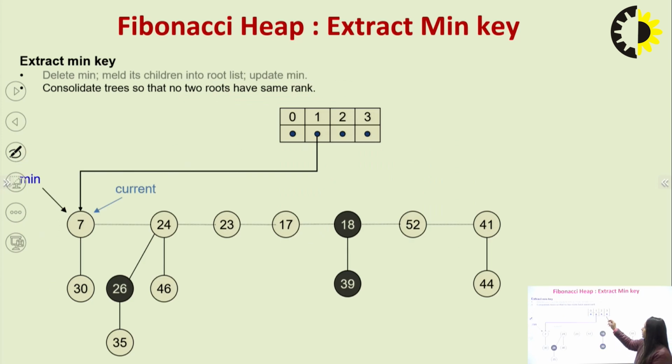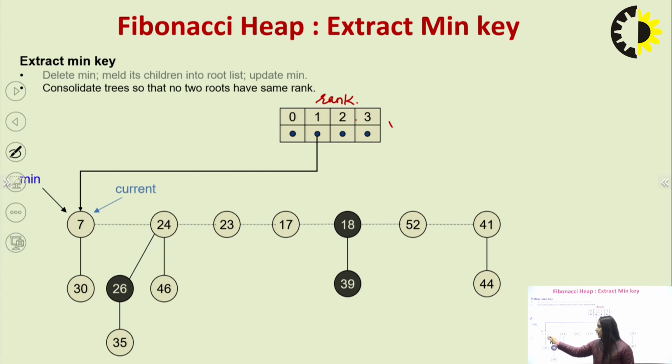See, this is your rank: 0, 1, 2, 3. That is, in this tree we have ranks 0, 1, 2, 3. Let's start from here. This is my current node, where I am standing, and this one is your minimum. I updated it.